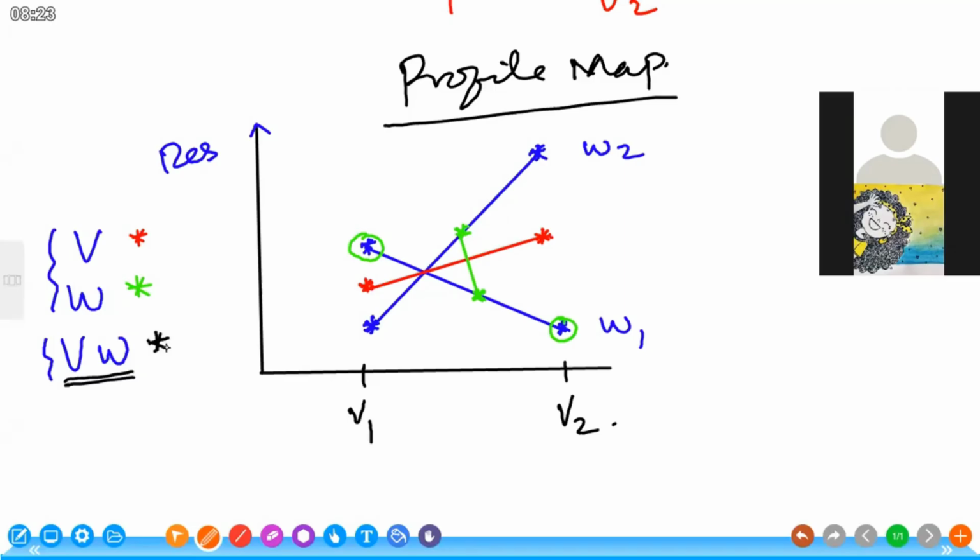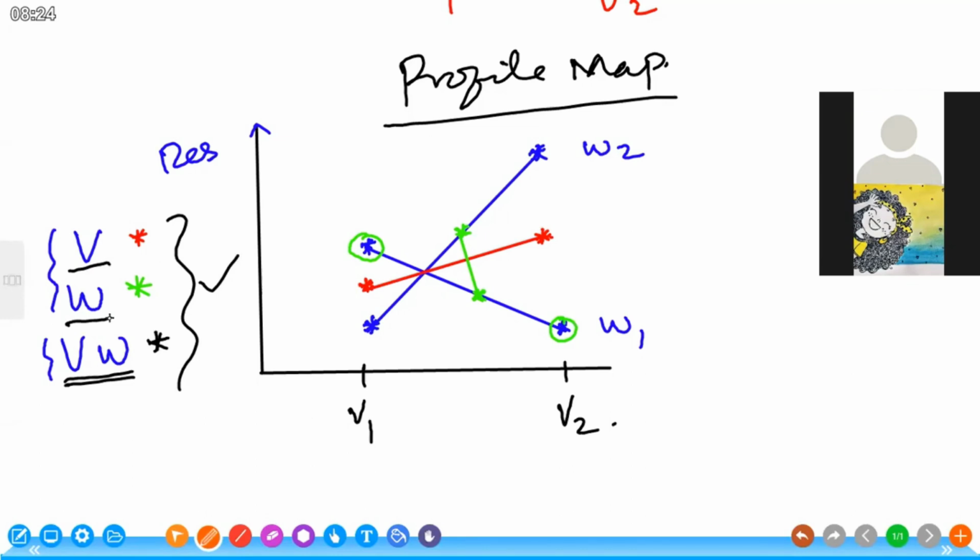So you see, all the effects are present in this case. In the earlier case, I showed you only one effect is there. Here we have only two factors, variety and W, as an example. So you see, different scenarios are there.